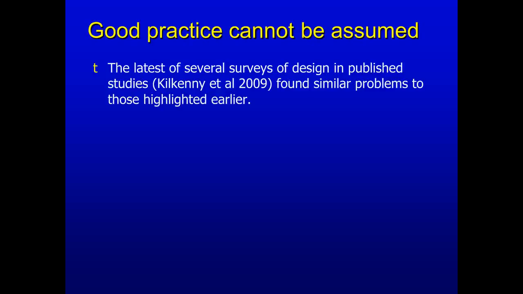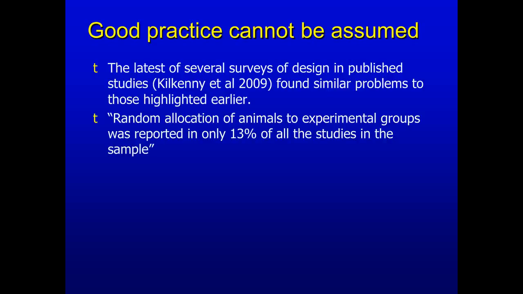And of course you can't assume that people are doing the best practice. I was part of a survey in Kilkenny et al. 2009, which got published, and looked at both sides of the Atlantic and papers from a number of journals, and found that those papers which indicated that they did random allocation of animals were really quite a small proportion.